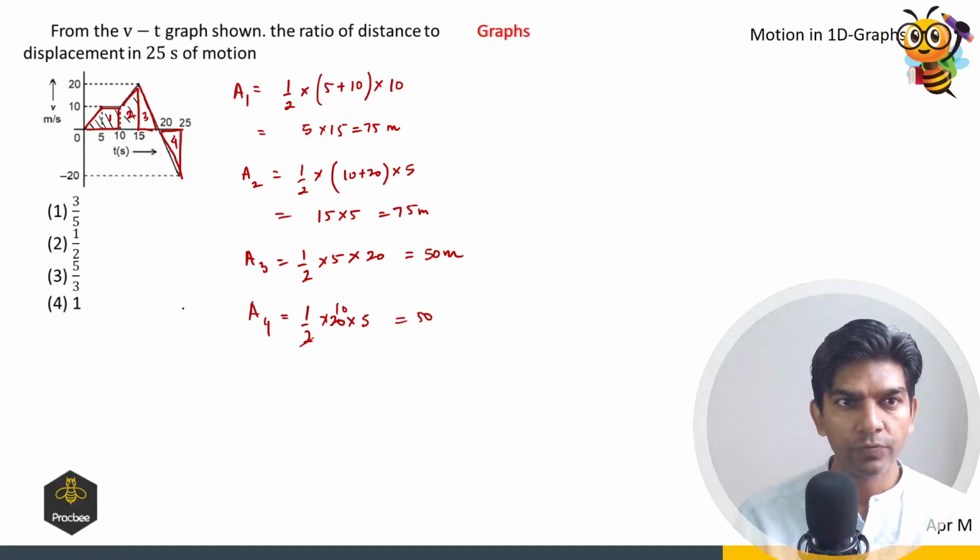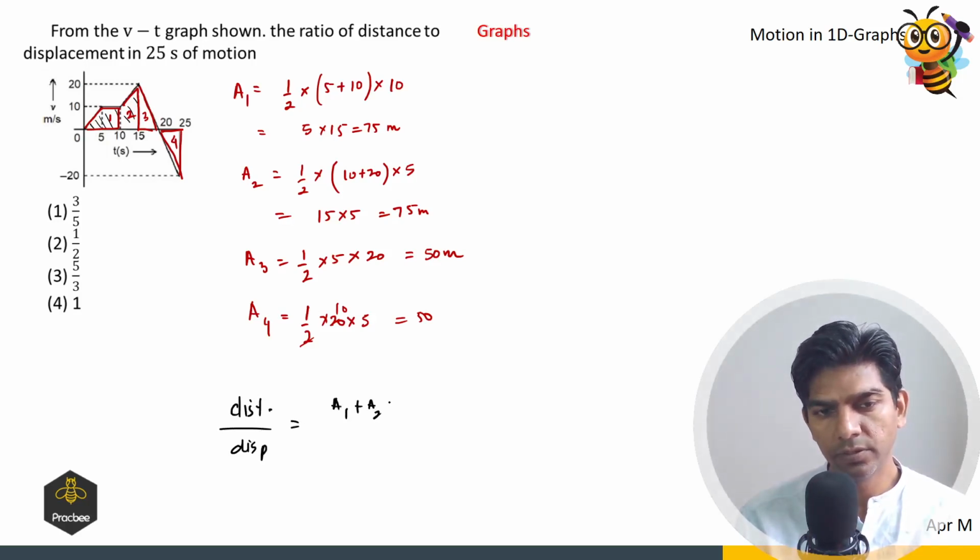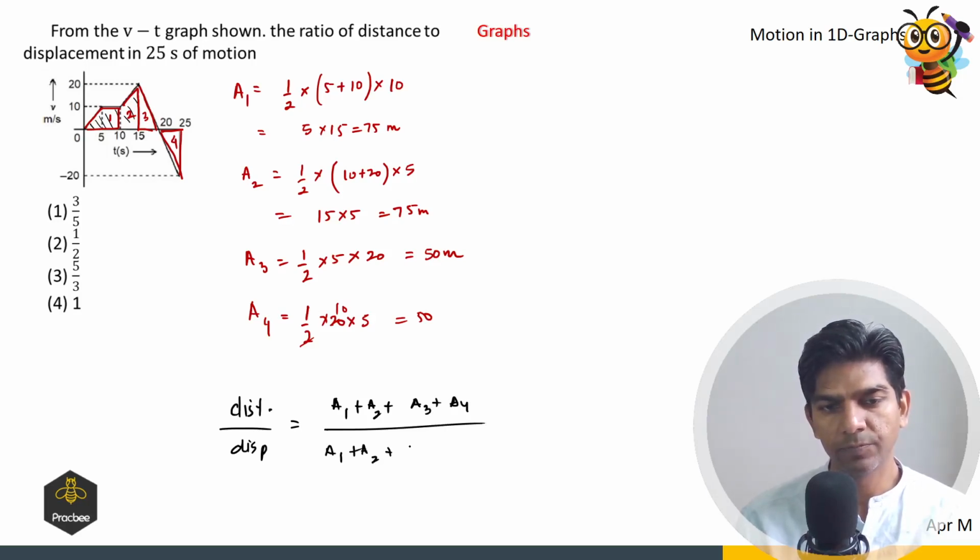If we want to find the ratio of distance to displacement, distance will be A1 plus A2 plus A3 plus A4, and displacement will be A1 plus A2 plus A3 minus A4.